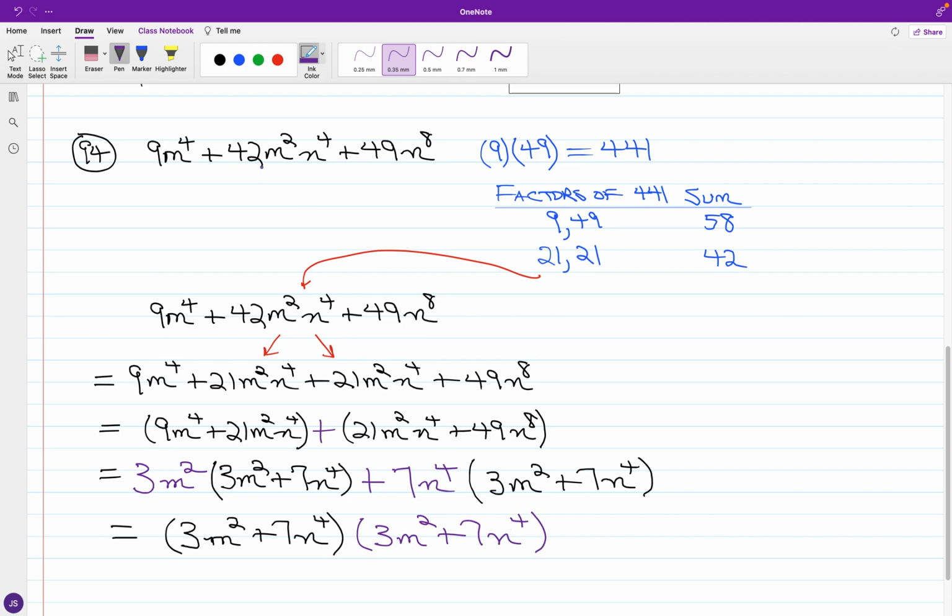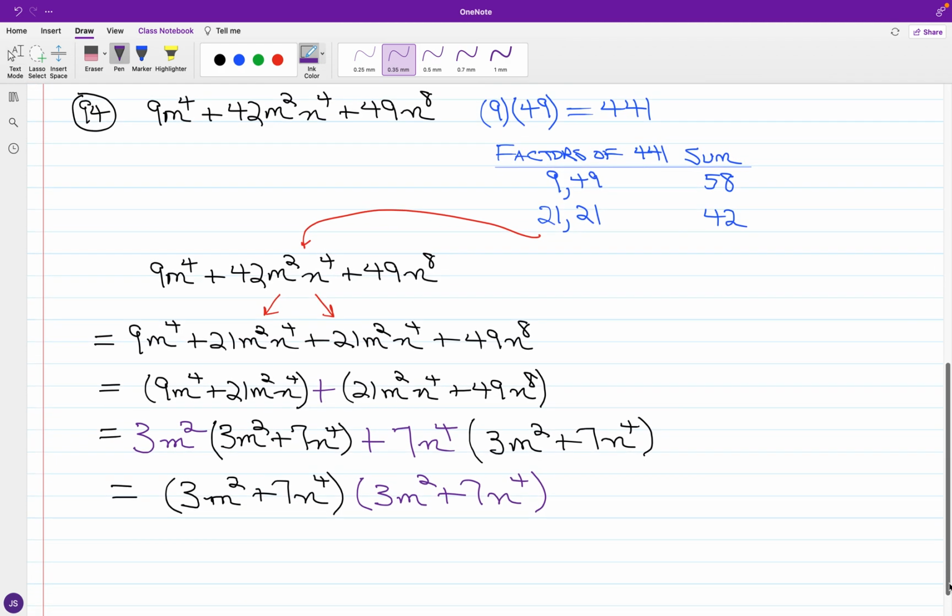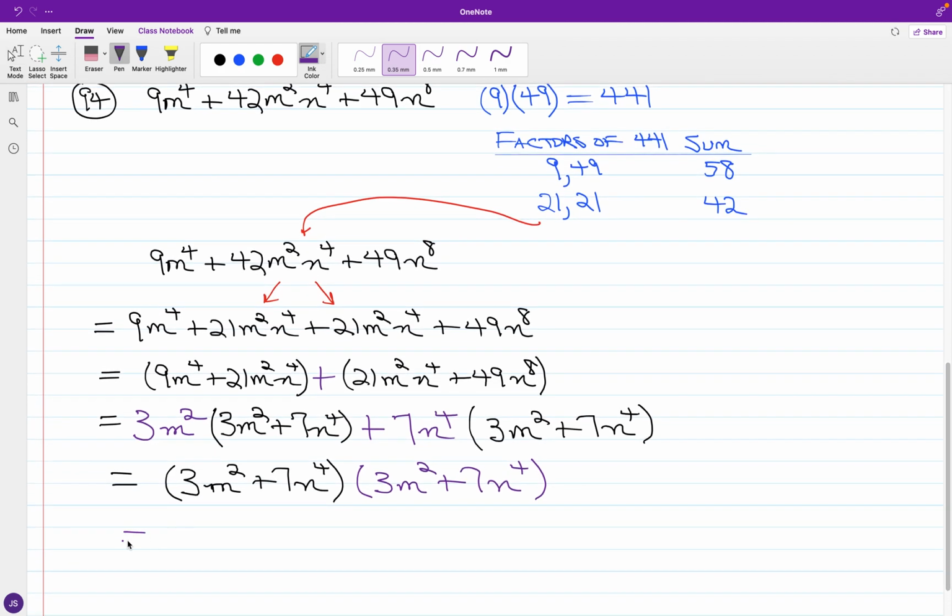And so this is going to be another case of a squared trinomial. And so for what we're going to have in the outcome, we're going to have the square of the quantity 3m squared plus 7n to the fourth.